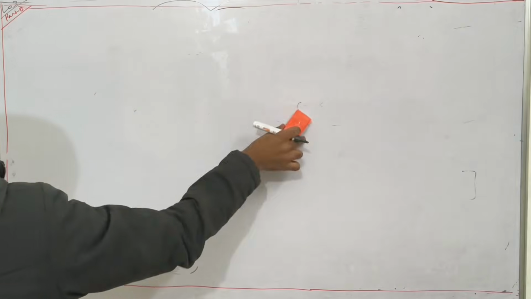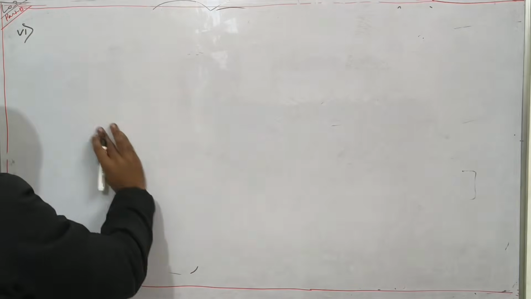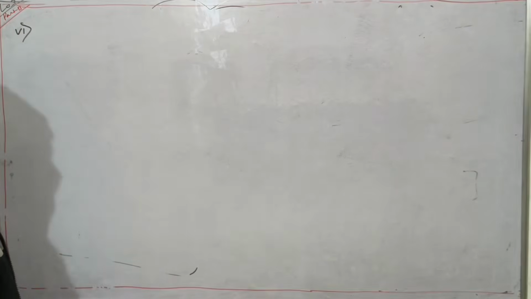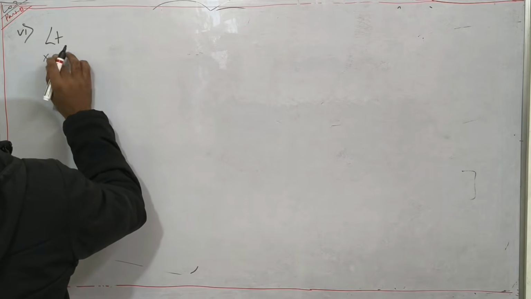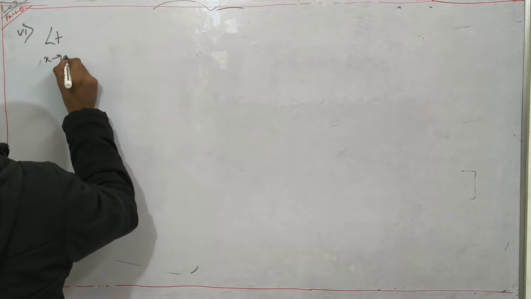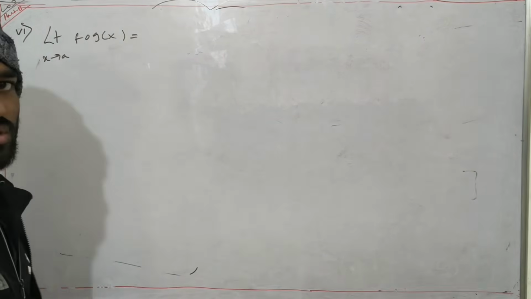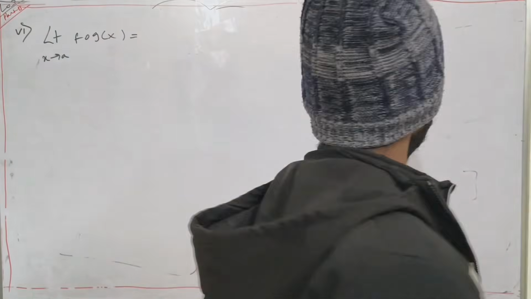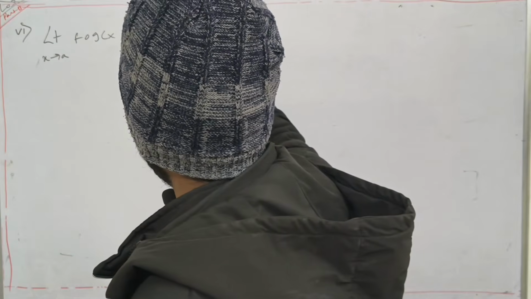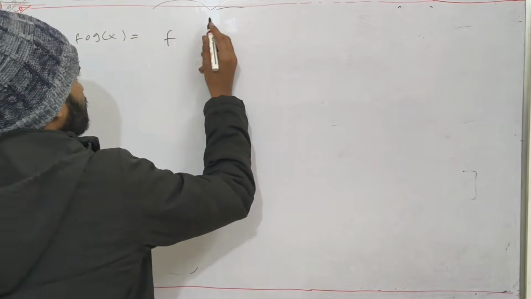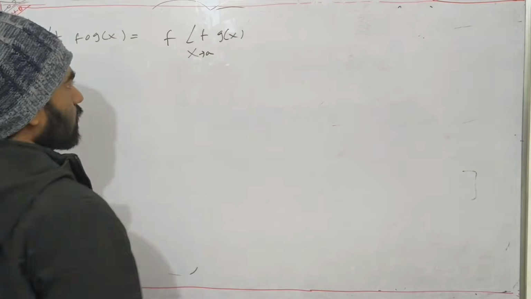Okay, let's move forward. The sixth one is limit x tends to a of f of g of x. ठीक है, limit x tends to a of f of g of x, a function of a function, formula, equals f of limit x tends to a of g of x.